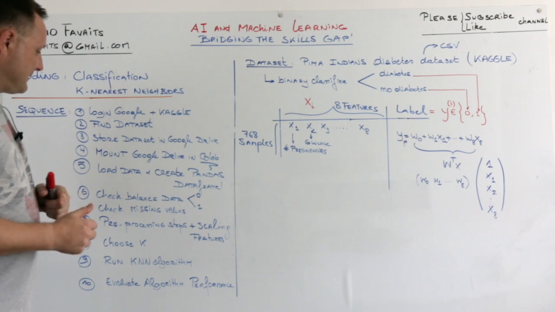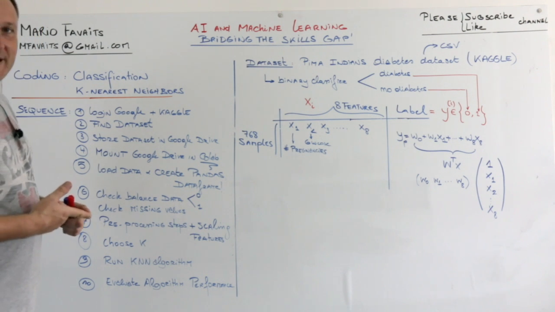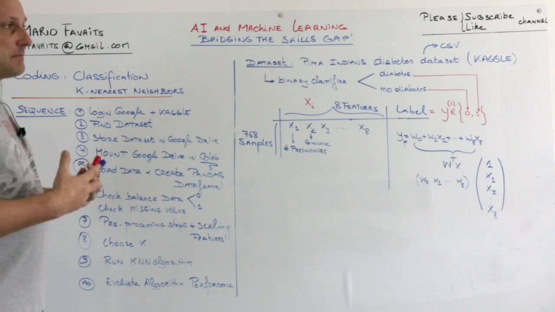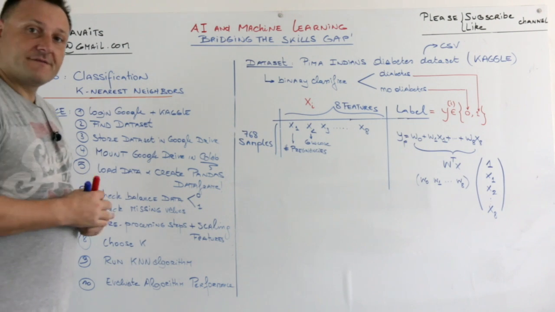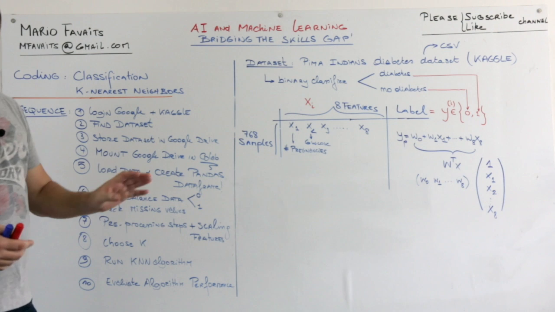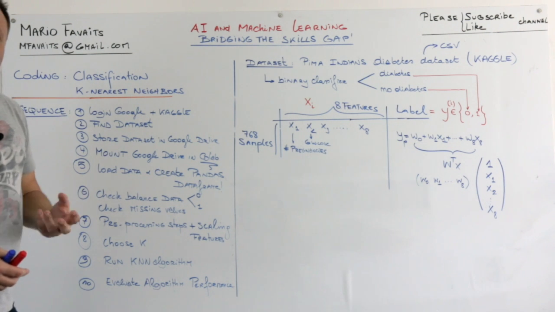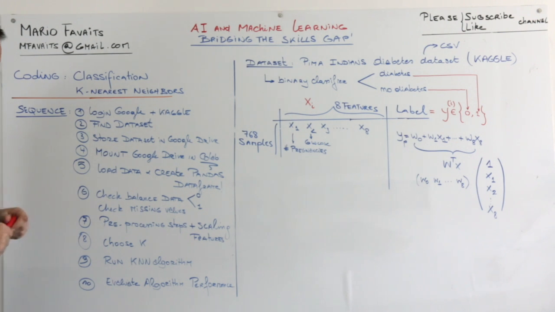We're going to deal with the missing values, and we're also going to do feature scaling. Remember, it's important that in terms of scale, the features have a similar scale, especially for k-nearest neighbors, because the metric we use is distance. So it's very important that we scale the features.